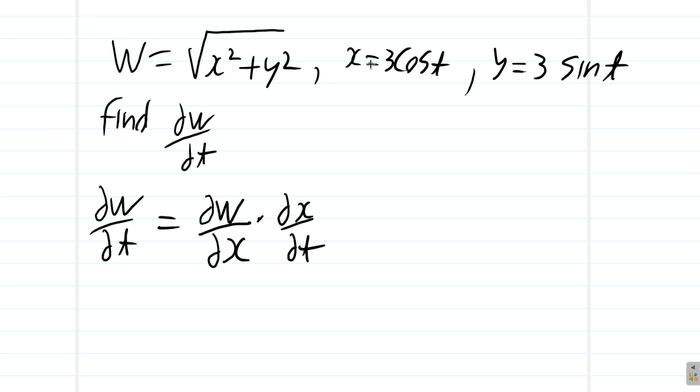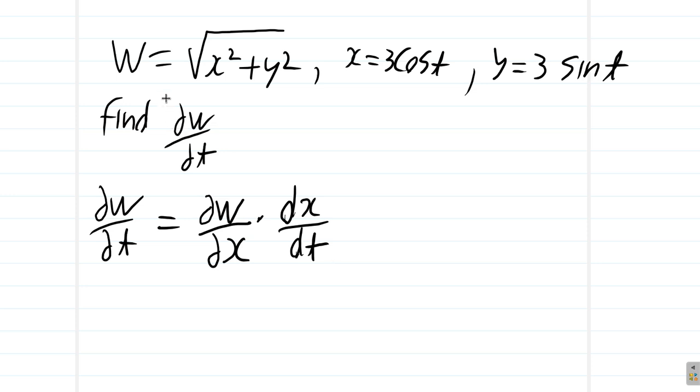Well, in this case, it wouldn't be partial because it's only x and t you have as a variable. So you could say this is dx by dt. Alright? D means the total derivative. There's only x and t.